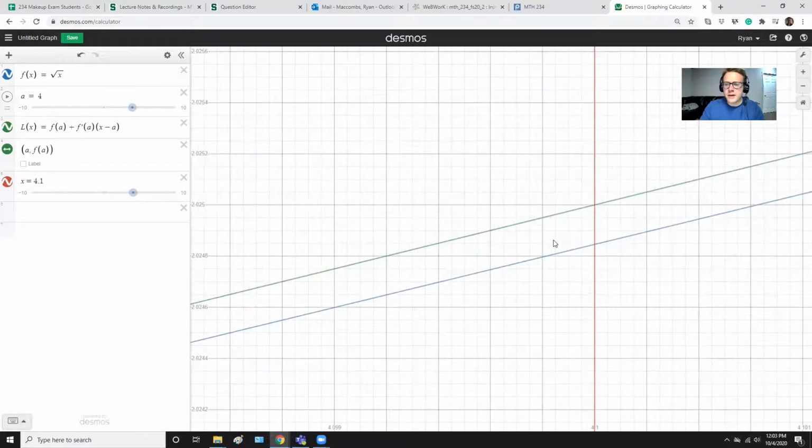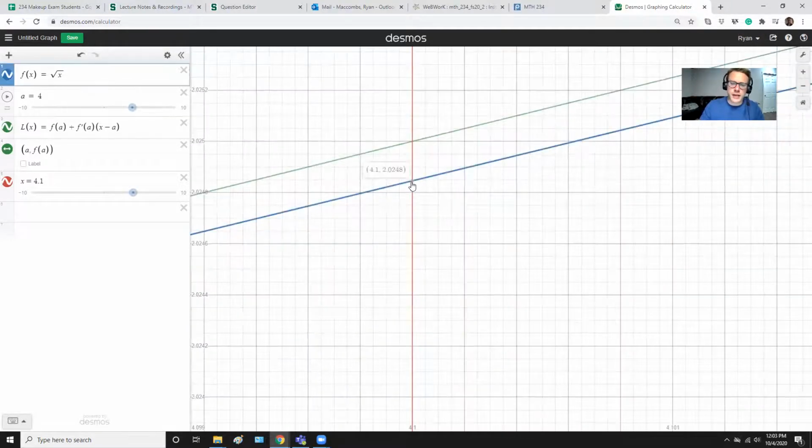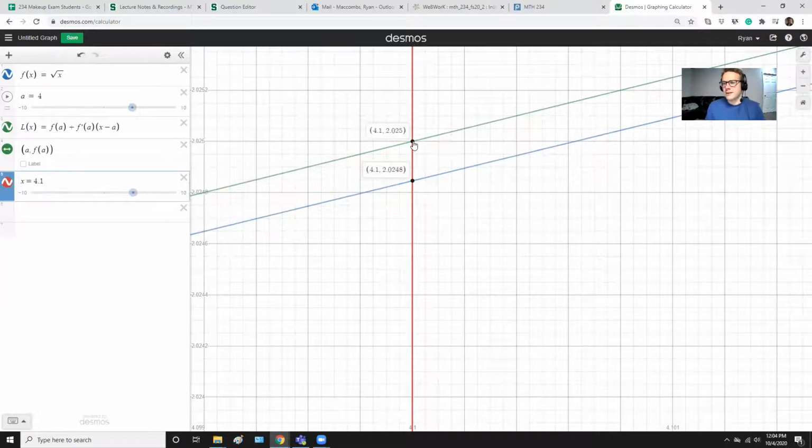So in reality, the square root of 4.1 is actually 2.0248. That's what the actual blue curve, the square root function, gives. And of course, there are more decimals; this would probably just keep on going. But the green curve would say a good approximation is 2.025. So it's off by what?